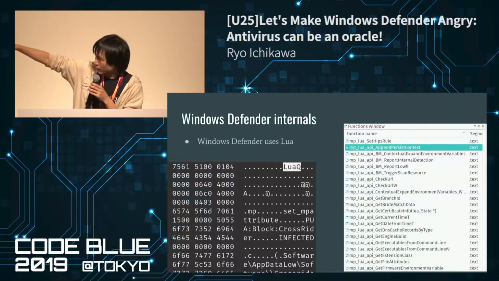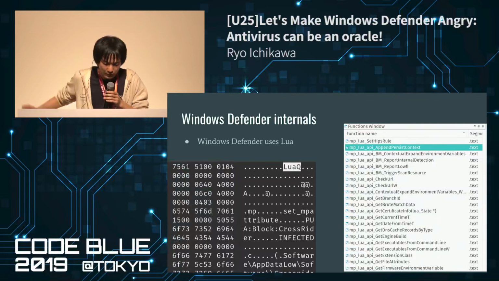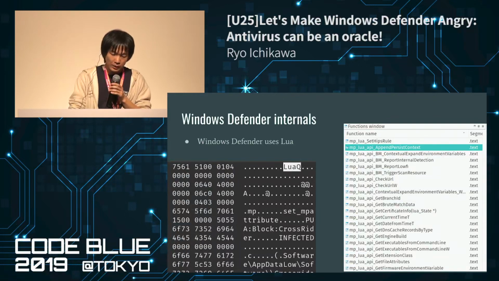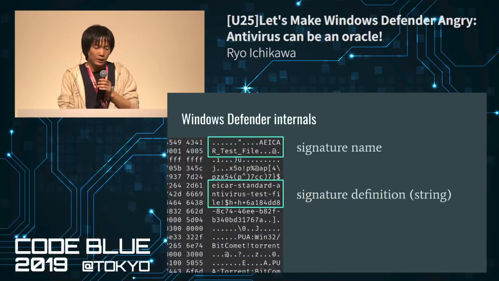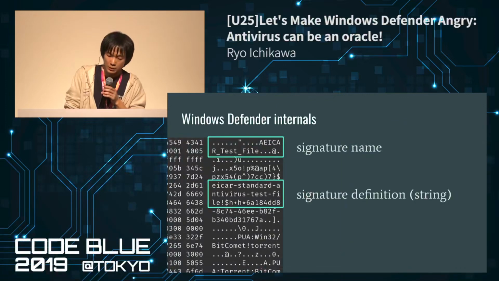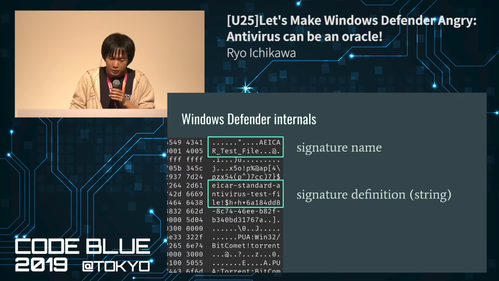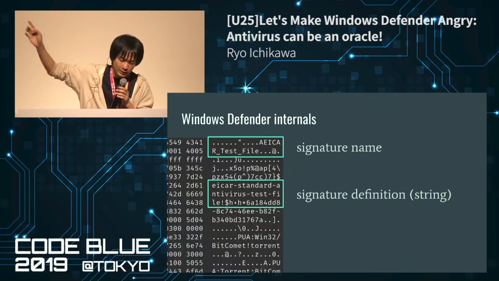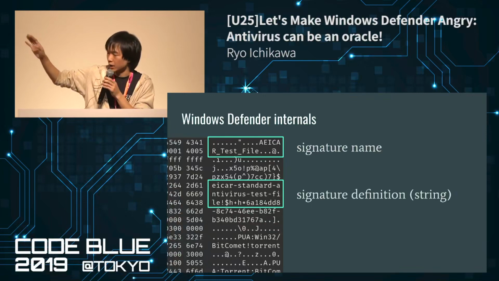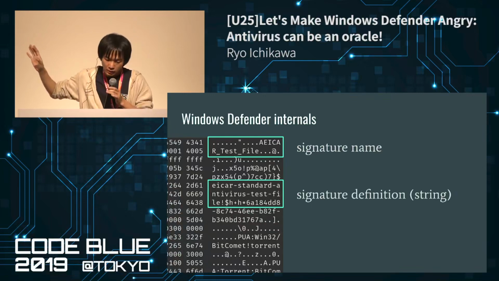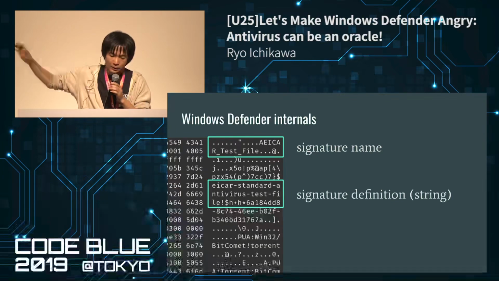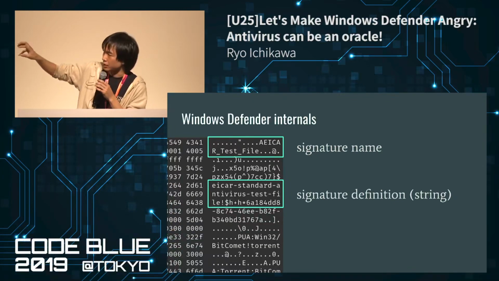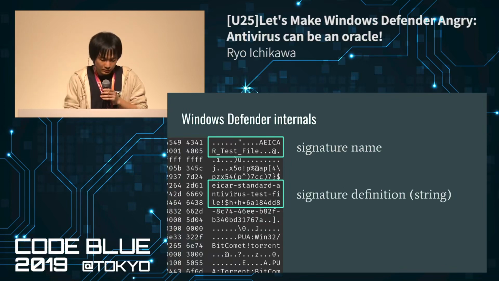You can see some function symbols, MP API, and so on. And finally, I found that there are signature names and signature definitions here. I introduced you to the Acre signature. The upper part is just the Acre test file name, and the bottom one is the string I showed you before.